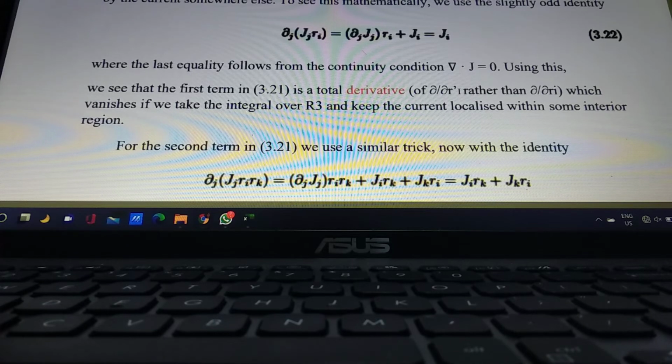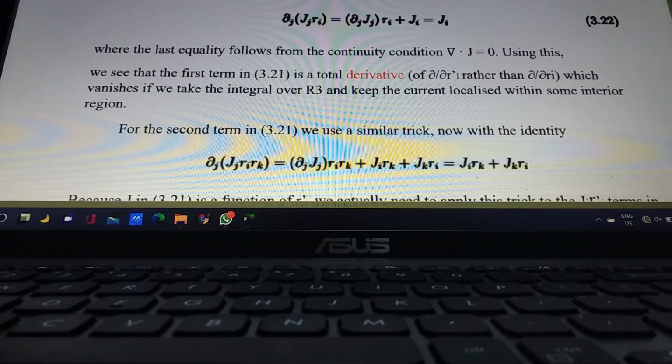Using this, we see that the first term is a total derivative, which vanishes if we take the integral over R³ and keep the current localized within some interior region.